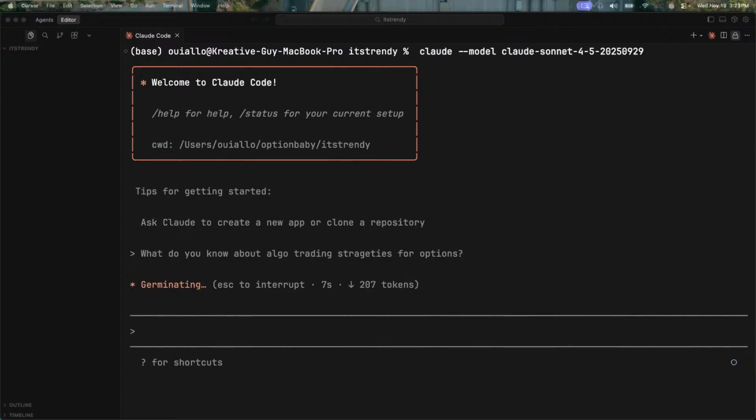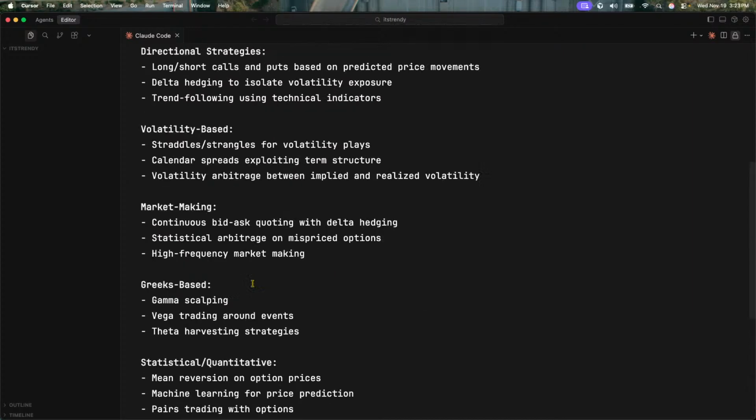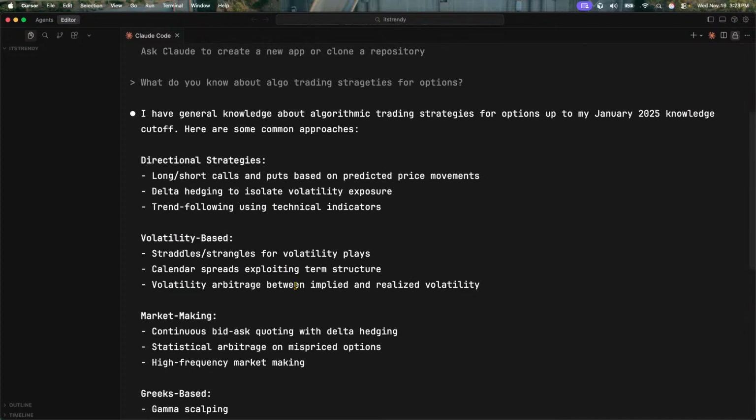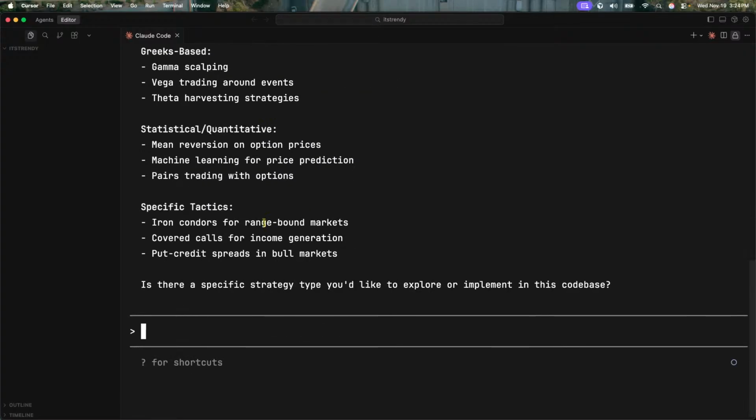It asks if there is a specific strategy: directional strategies, volatility strategies, market making. I'm going to do this market making one, but you need kind of a bag for market making. I'm not going to hold you, but how we're doing it, yeah, we can start with $100.